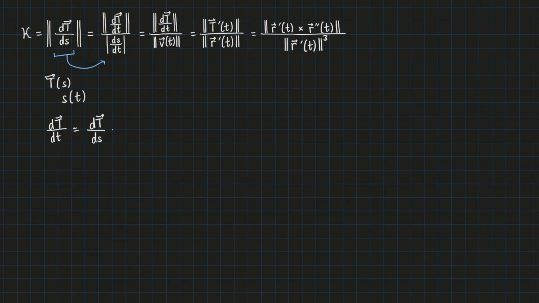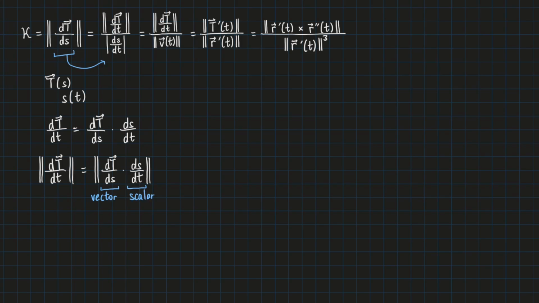Big T depends on s, and s depends on little t. We want the magnitude of dT/ds, so let's take the magnitude of both sides. dT/ds is a vector, and this is multiplied by the scalar ds/dt. So we can write the terms like this. The magnitude of dT/ds is what we want to isolate for.